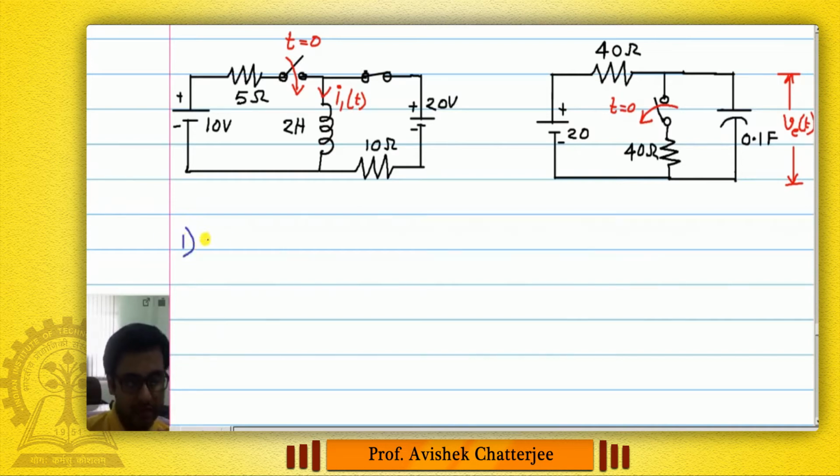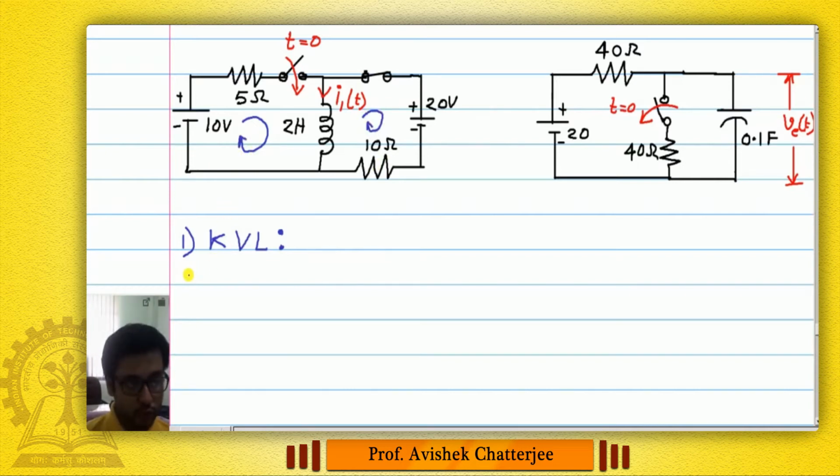Number one, we have Kirchhoff's voltage law, KVL, which says that the sum of all the voltages in a closed loop, like this loop or this loop or this outer loop, is 0.